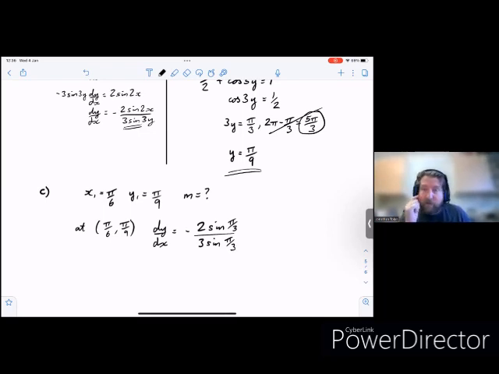And we can save ourselves any embarrassment of not knowing what sine of pi over 3 is off the top of our heads, because those two terms are the same, they cancel out, so we're just left with minus 2/3.